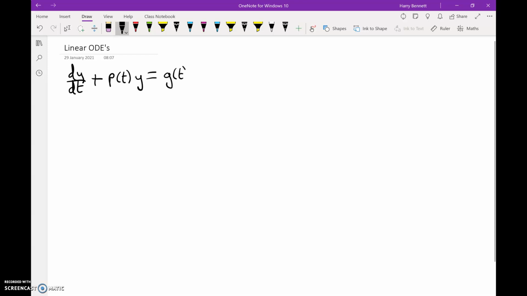What is this? This y itself is just a y, and these p of t and g of t here are just continuous functions. So for example, p of t could be x squared, and g of t could be sine t, just things like that.